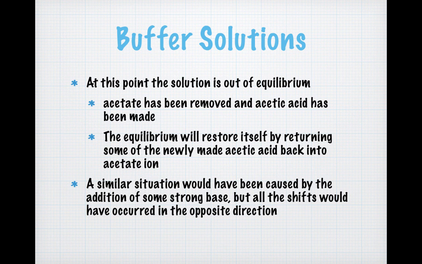So the addition of hydronium ion caused that equilibrium to be shifted over to the left towards the reactant side, and the reaction is going to have to move back to the right to restore equilibrium. If we added strong base, that would have used up some of the acid, and that would have moved the reaction towards the product side and thrown it out of equilibrium, and so the reaction would have had to shift back to the left to restore equilibrium.